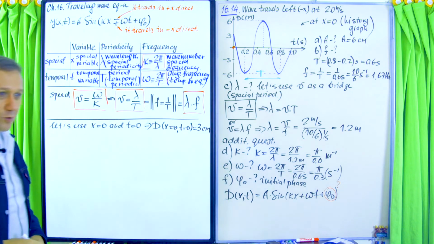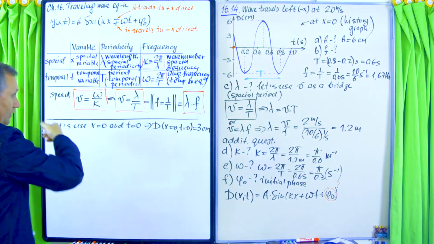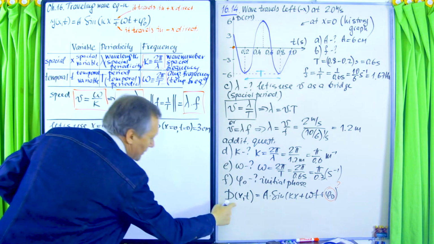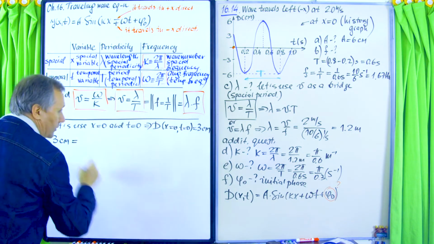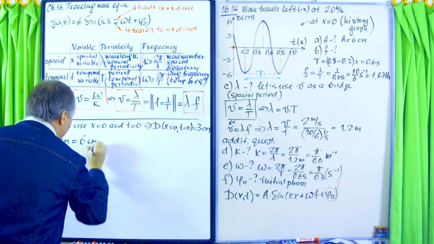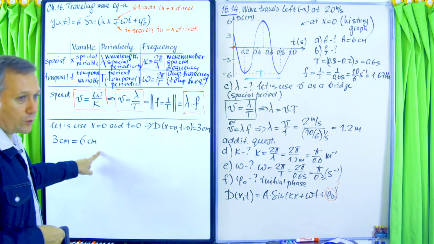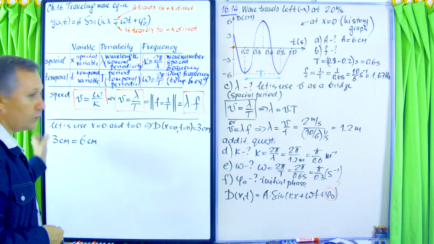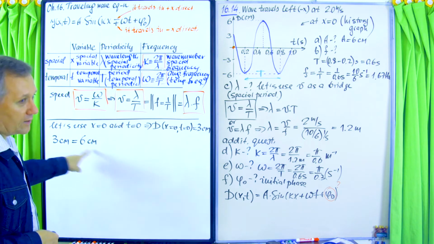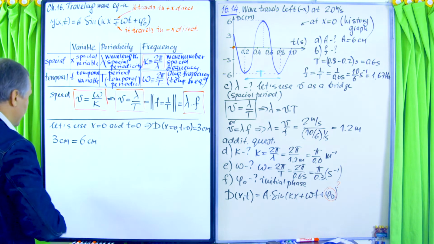Right. Okay, so using these facts, let me rewrite that using all these numbers. So I will have 3 centimeters, that's d, equals amplitude 6. Right now, we don't have to convert into meters. But of course, you have to make sure that your amplitude and this d are in the same units. But centimeters or meters at this point, it's not a big deal.